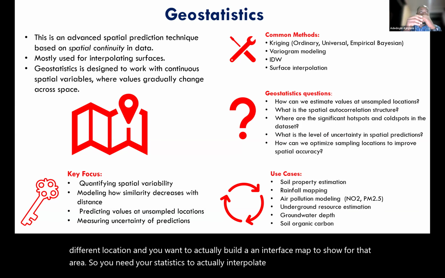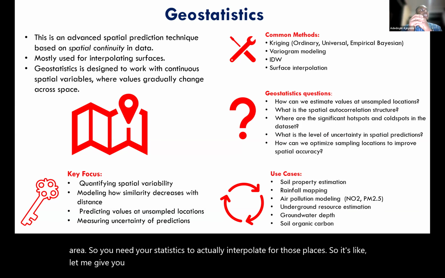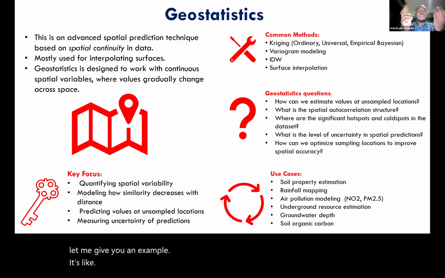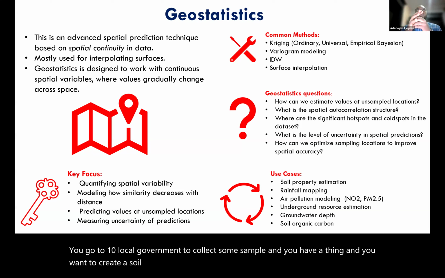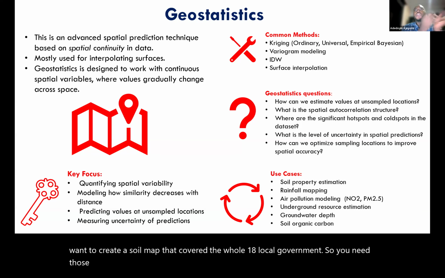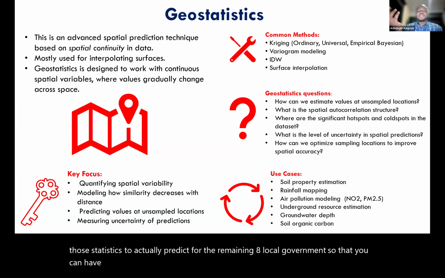Let me give you an example. You go to 10 local governments to collect samples, and you have 18, and you want to create a soil map that covers all 18 local governments. You need those statistics to predict for the remaining 8, so that at the end of the day, you have a balanced map.